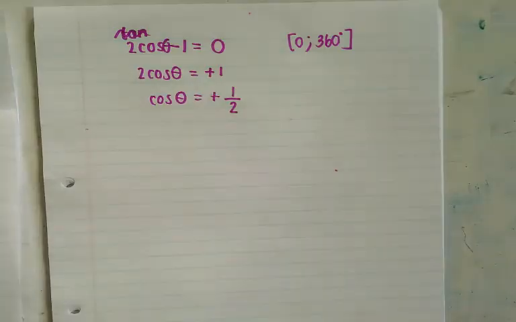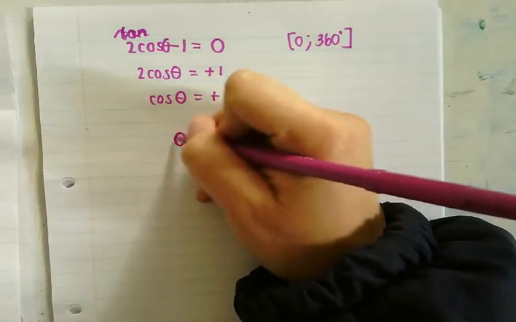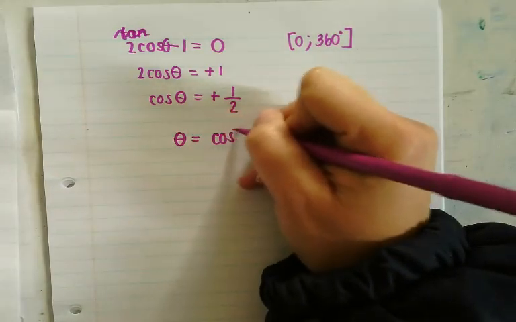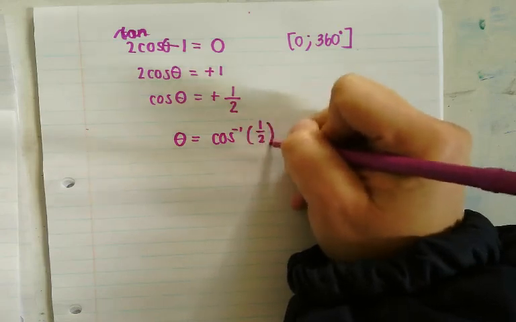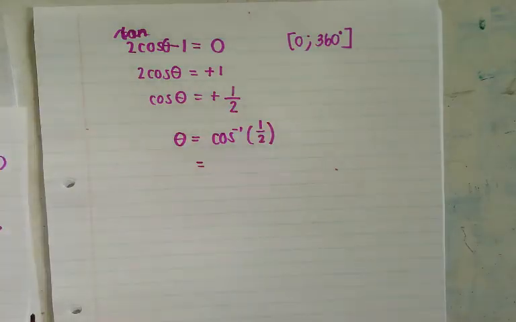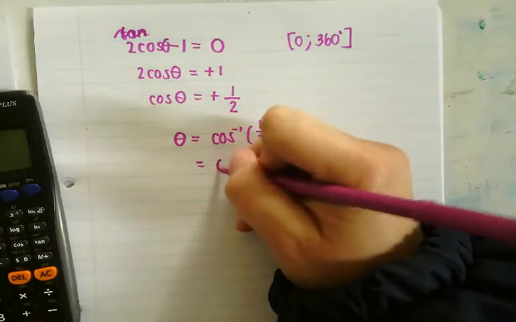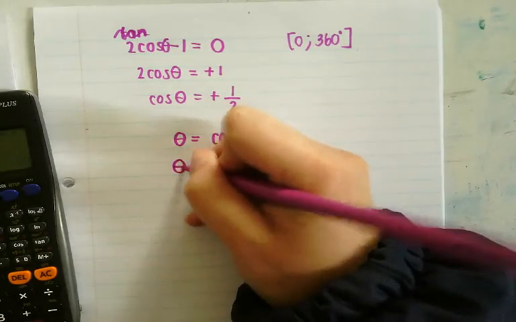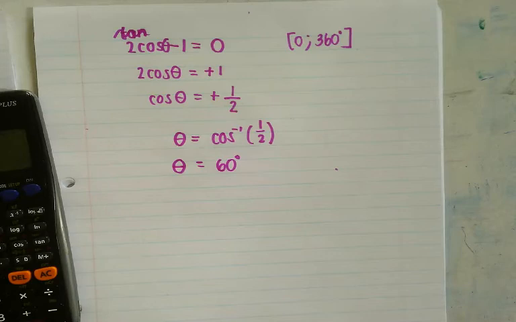What we did yesterday is we went theta equals cos inverse of 1/2, and we found what that was: 60 degrees. That's where we ended yesterday, but we know more today.